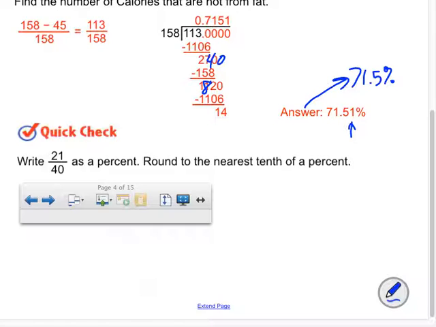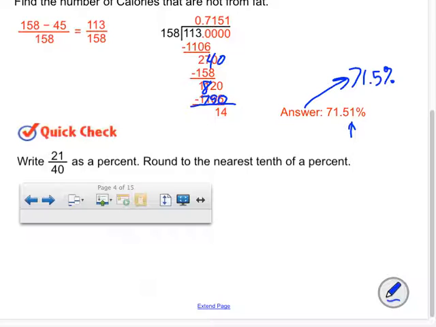And then 5 times 158, what was that going to be? 40. Carry the 4, 25, plus 4, 29. You said 790, right?